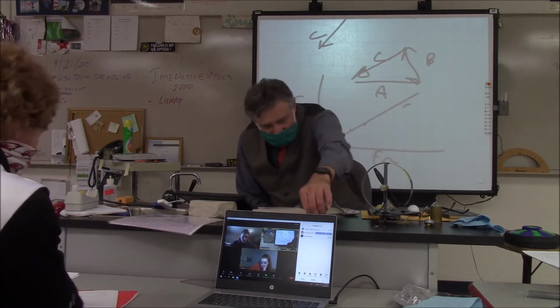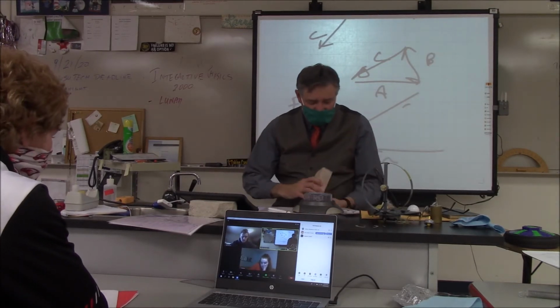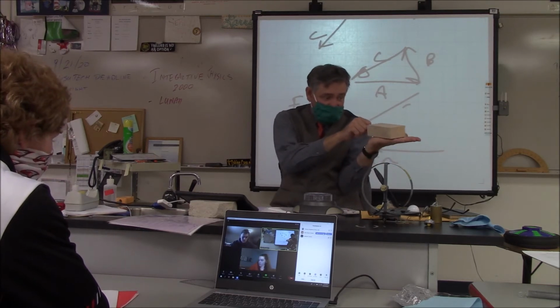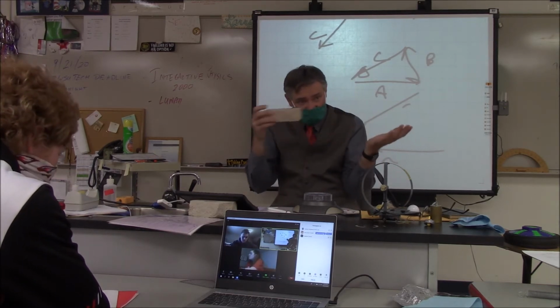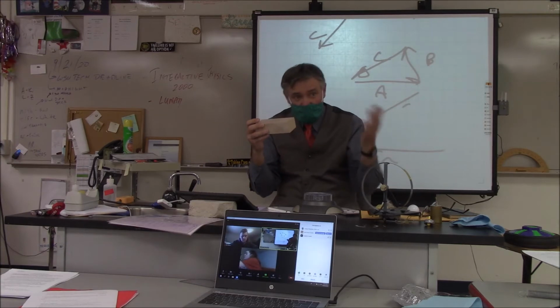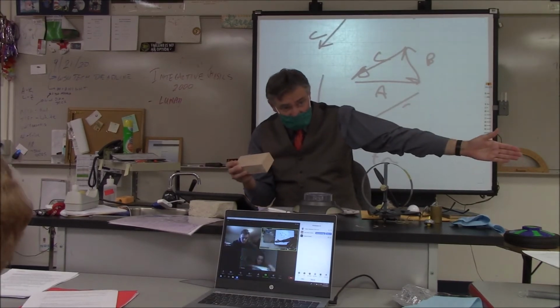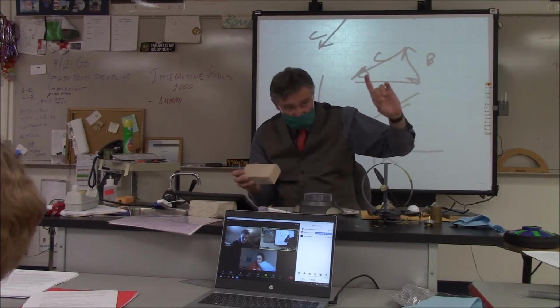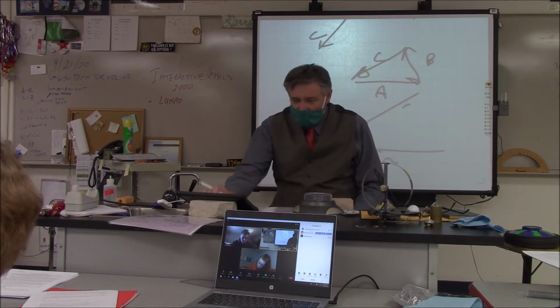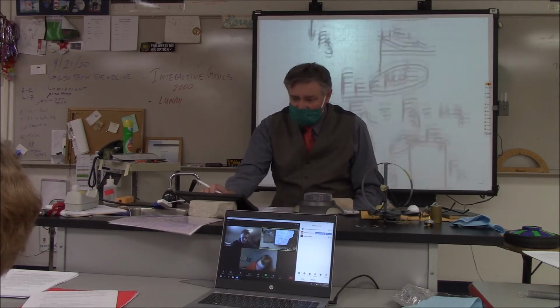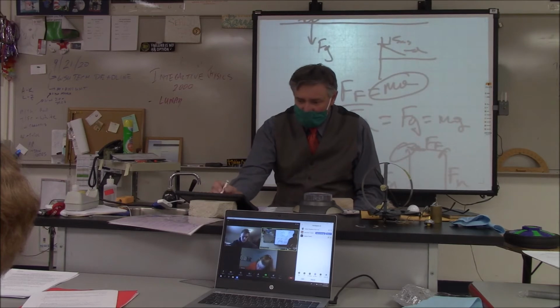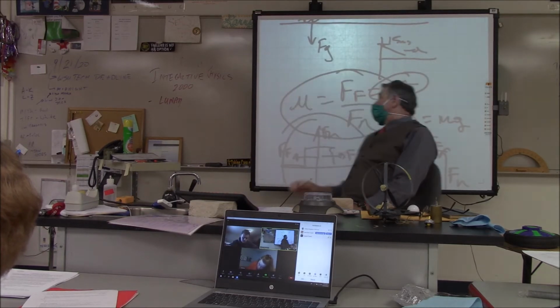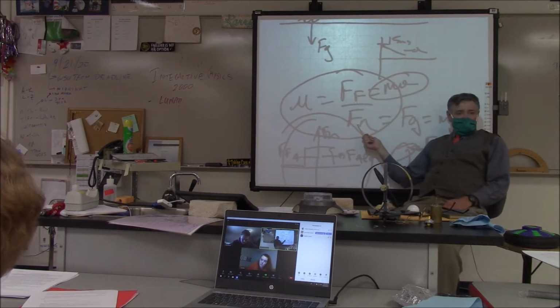It says, what are 3 ways to determine the force friction? Well, let's go through those. One option is what you did in the lab: you pulled the block and measured how much force it took to pull it, and then your force friction is opposite of that. Another, we just did this: mu equals force friction over force normal.